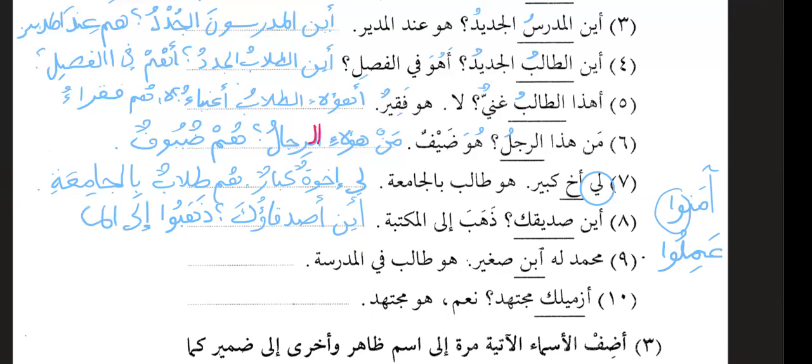إلى المكتبة. نعم ذهبوا إلى المكتبة. So أين أصدقاؤك؟ ذهبوا إلى المكتبة. نعم. ما معنى الجملة؟ أين is where is.